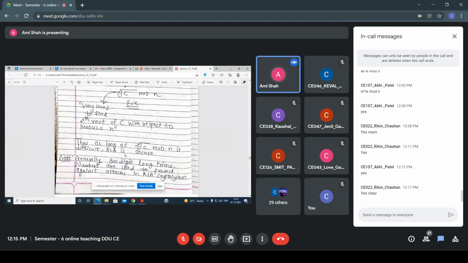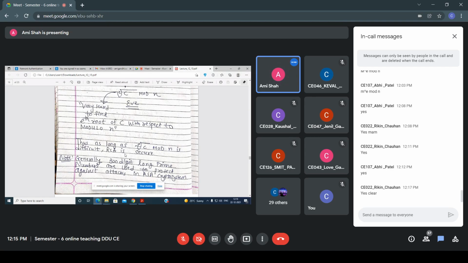Another reason why RSA is secure is generally the following. In our example we have taken very small numbers, but normally in real life 300 digit long prime numbers are used to protect against attacks in the RSA cryptosystem. So if P is 300 digits and Q is also 300 digits, then n becomes very large, right?